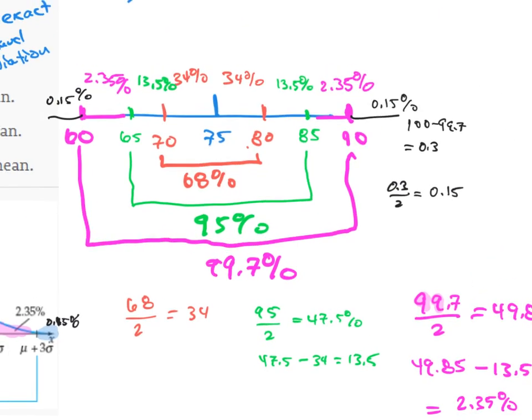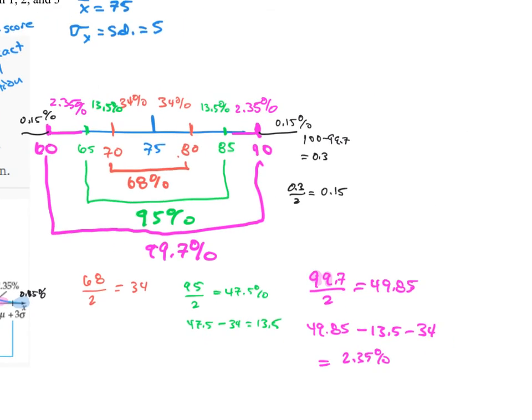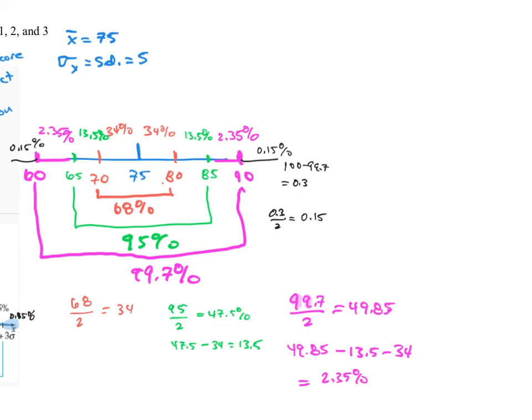Let's see why. Now that I have this chart right here, I could answer all sorts of questions. For instance, if I said, what percentage of students scored above 80%? Let me go ahead and write this down for you. How many scored above 80%? Well, now that I've labeled all of these regions, it's very, very easy. All I have to do is look to the right of 80.